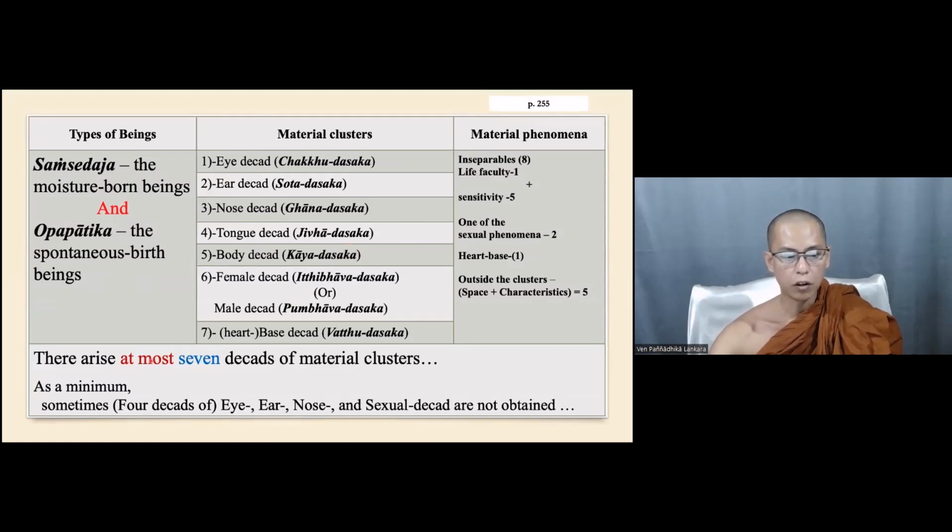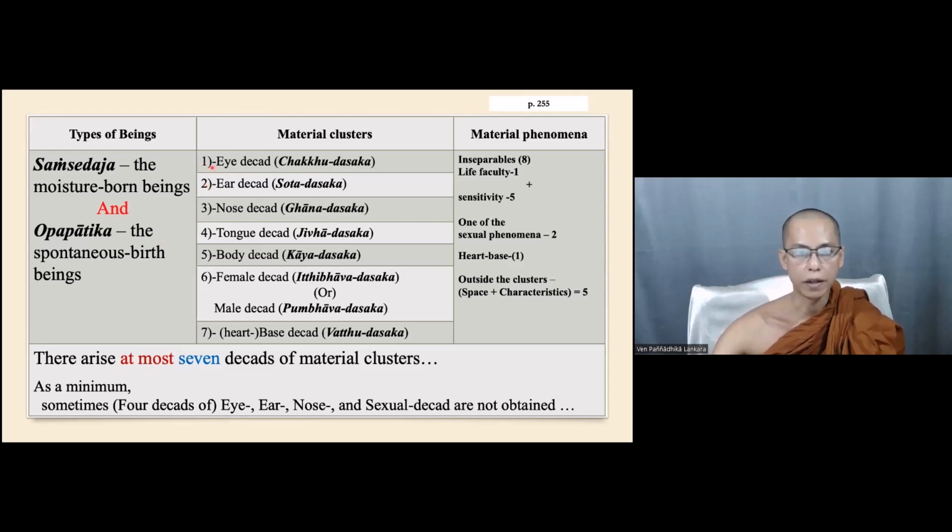At the moment of rebirth, there arise at most seven decads of material clusters produced by karma, because at the moment of rebirth linking consciousness, only the materiality produced by karma arises. So the seven decads produced by karma arise at rebirth linking for Samsedaja and Opapatika beings.